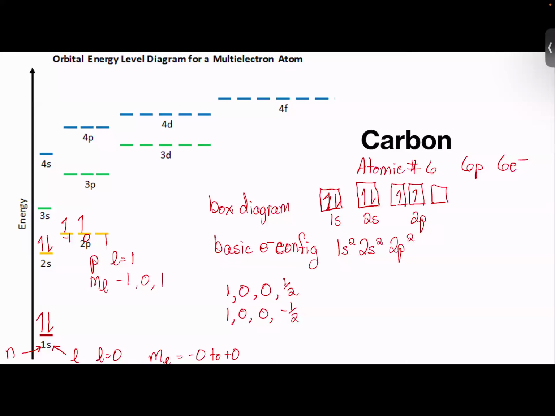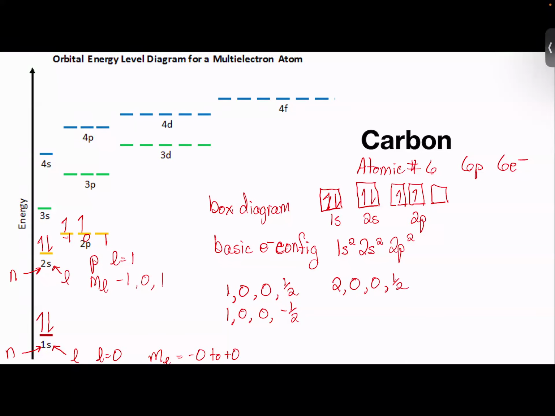My next two electrons went into the 2s. So my next two electrons would have the shell number of 2. Being an S, it is still an L of 0, which means my M sub L is 0. And again, it goes in spin up.